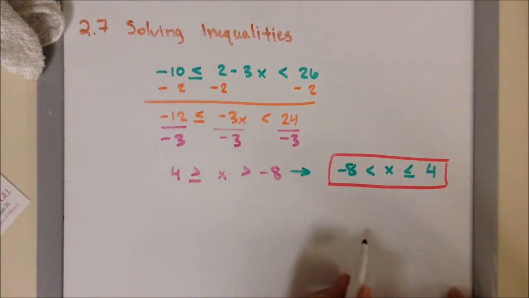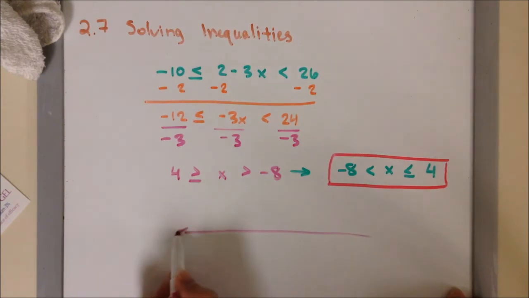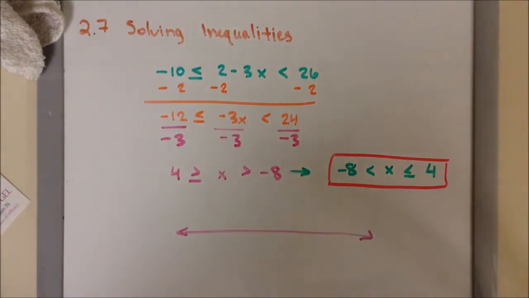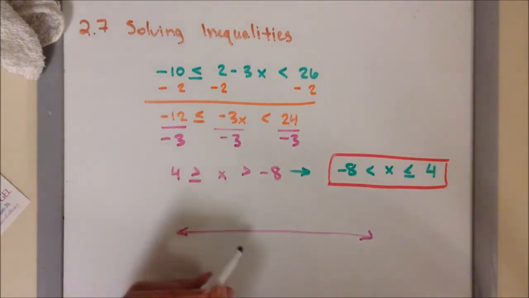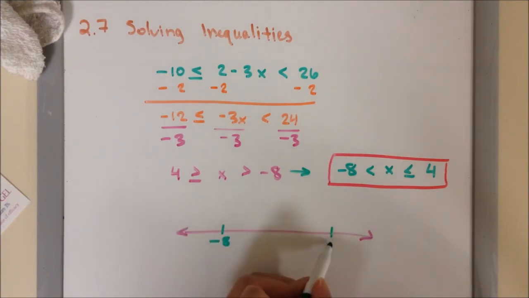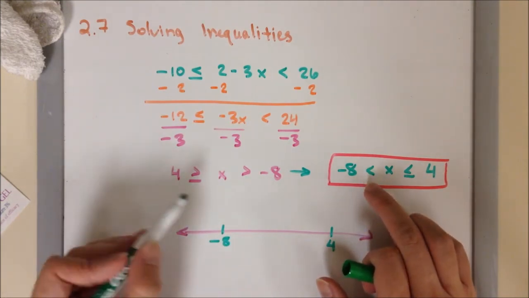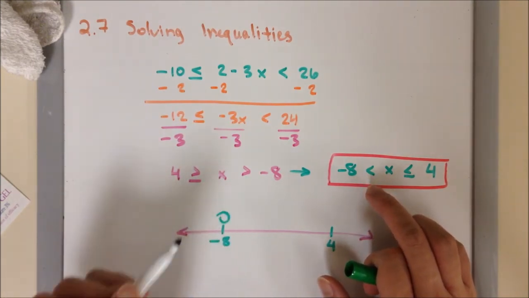Next, we're going to graph. So we're going to have one tick mark at negative 8 on the left, and then one for 4 on the right. The one at negative 8 is just a less than, so it's going to be an open circle.